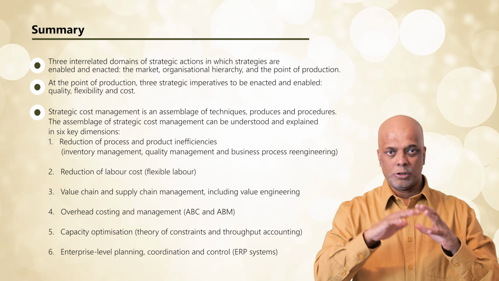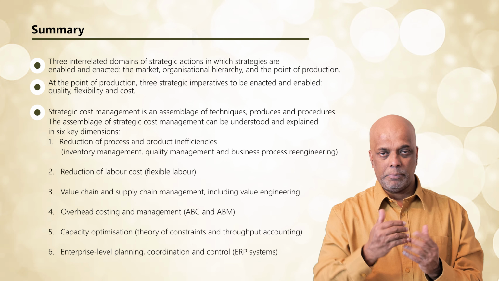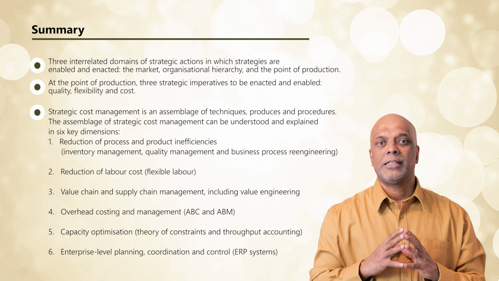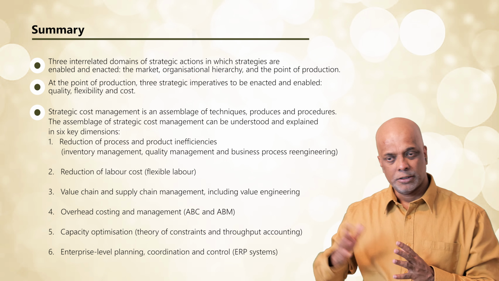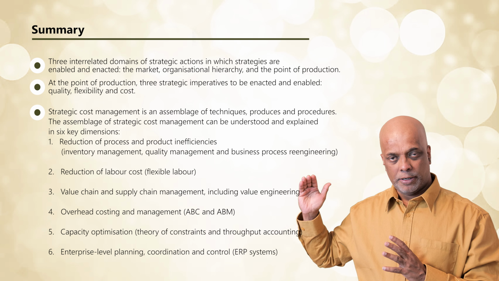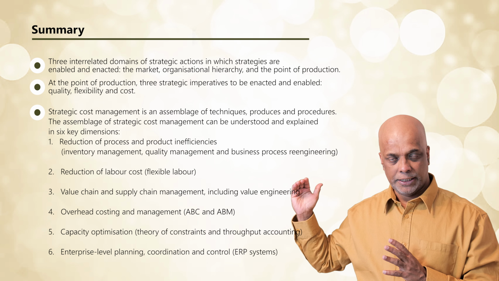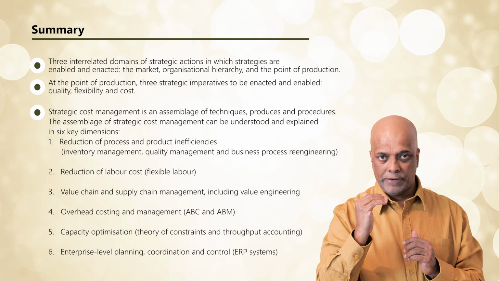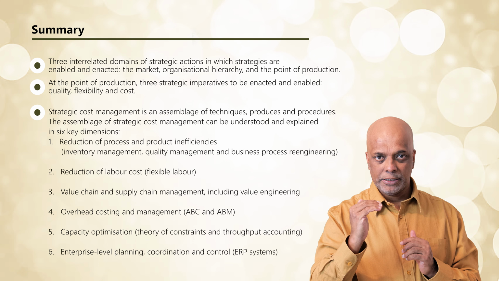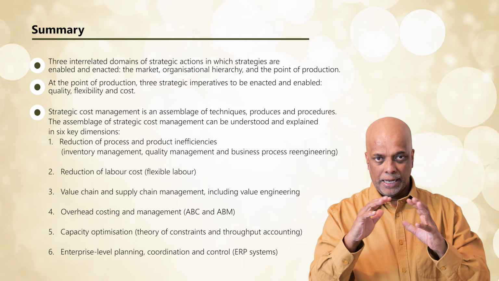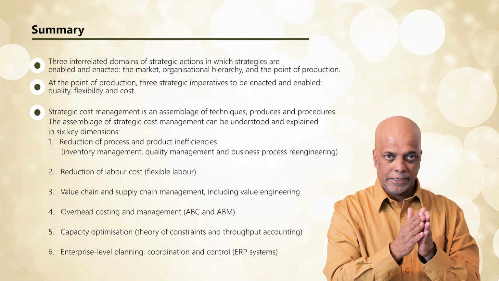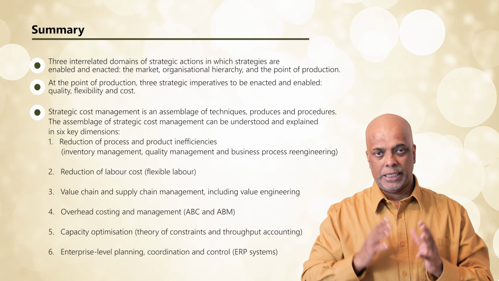And thirdly, we discussed the role that business process reengineering, or business process redesigning, can play. So that is the first dimension: reduction of process and product wastages and inefficiencies by reducing the defective rate, by reducing inventory levels, and by eliminating various inefficiencies related to the value chain.